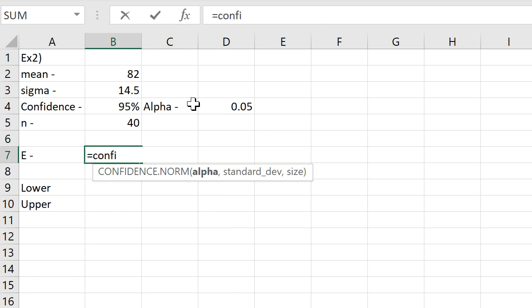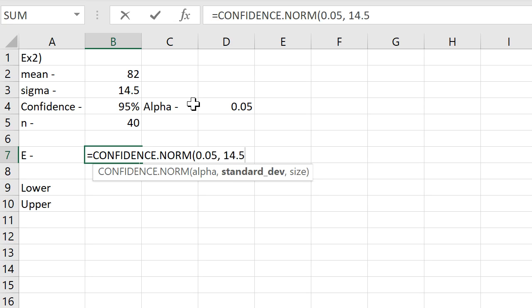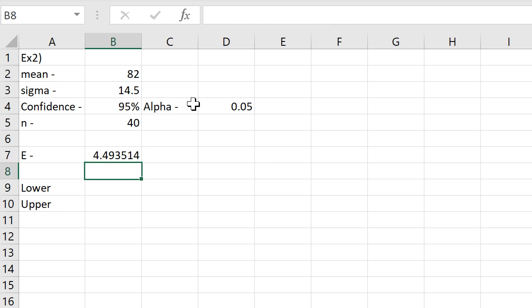All right, so confidence.norm of 0.05. Our standard deviation is 14.5, and our size is 40. Hit enter, and there is our margin of error.